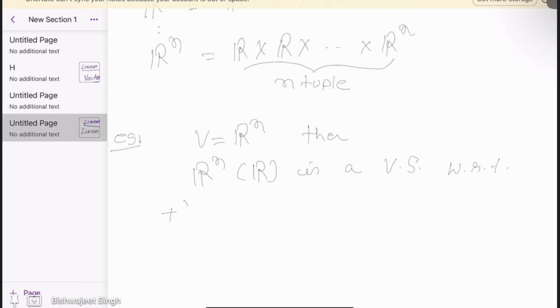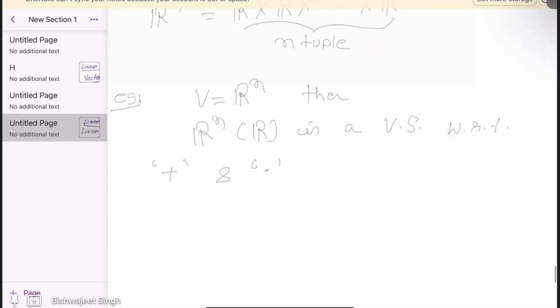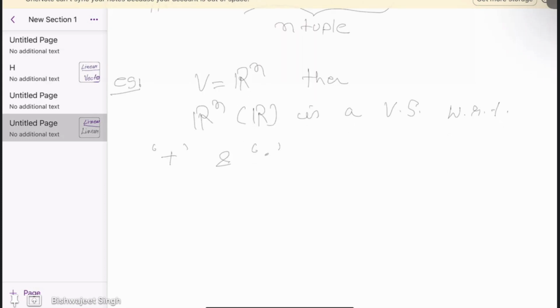What are the operations? Plus and dot. And how are we going to define this plus and dot? So define plus of x comma y as x plus y.